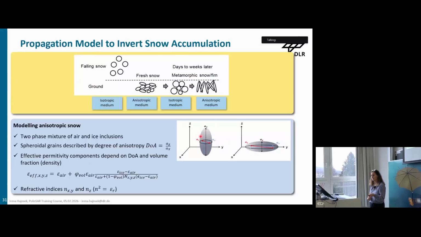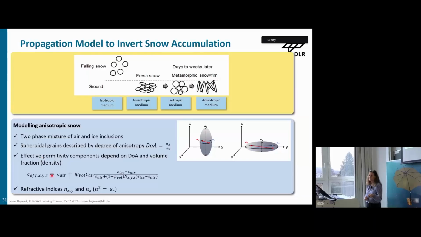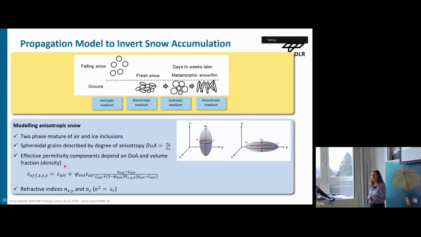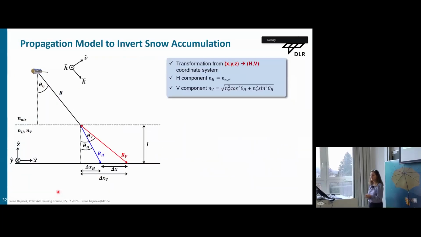And we also integrated the effective permittivity, which accounts for the degree of anisotropy but also for density. That's also important. And in the end, what we also need to account for is the refraction, which means if you propagate into a volume, then you have a different scattering contribution within the volume. I show you this a little bit here on this graph.